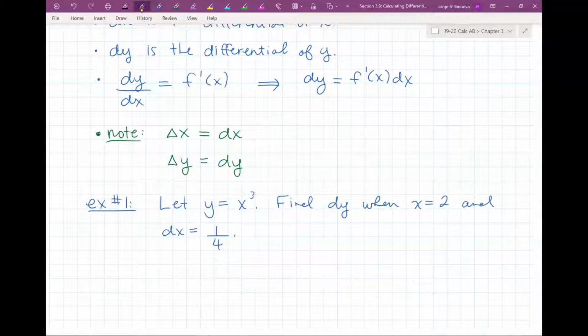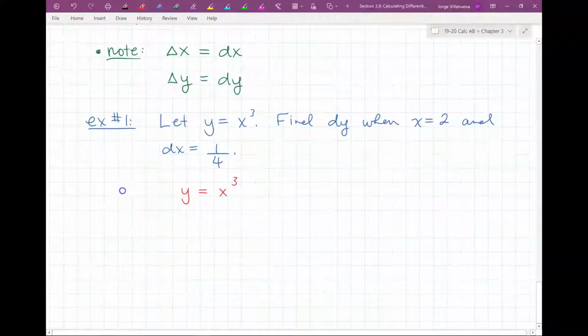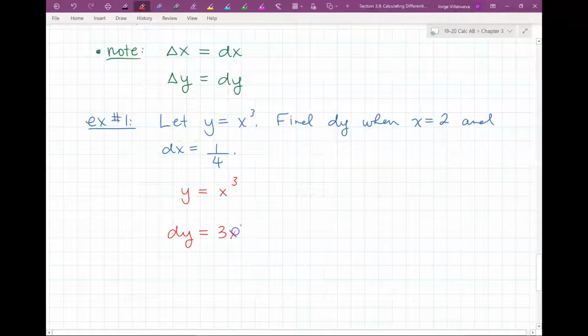Basically all you're going to do is take your derivative, okay? Since y is equal to x cubed, then dy is equal to the derivative of x cubed, which is 3x squared, and then I'm going to put dx after it. If you want to write dy/dx equals 3x squared, go ahead, but don't forget to move the dx over.